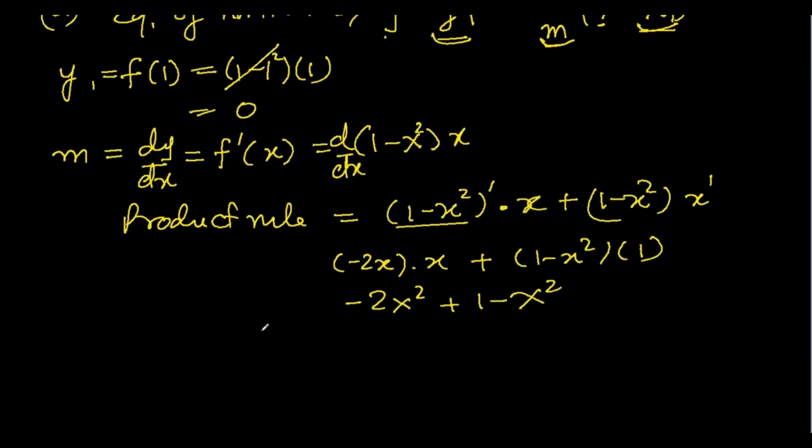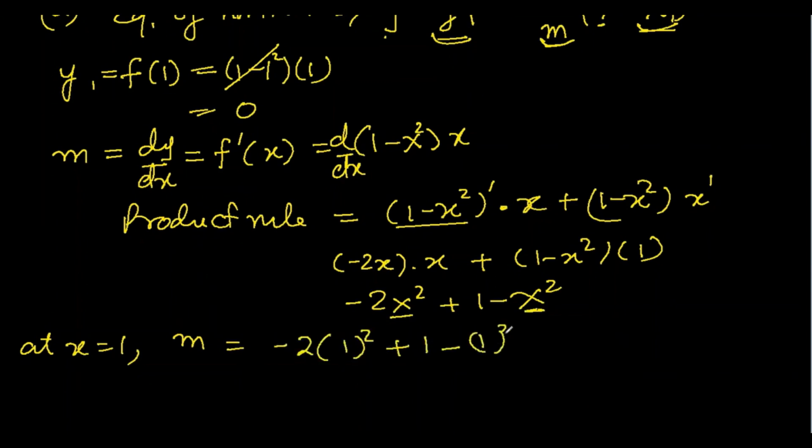Alright, so now m at x equal to 1, we substitute x's with 1: minus 2 times 1 squared plus 1 minus 1 squared. So it becomes minus 2 plus 1 minus 1. They cancel out. It is minus 2.